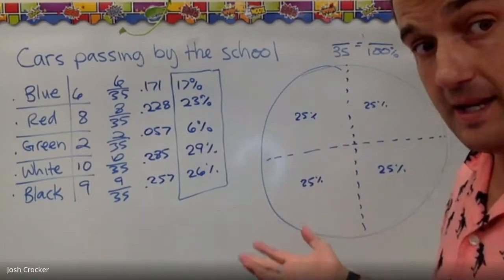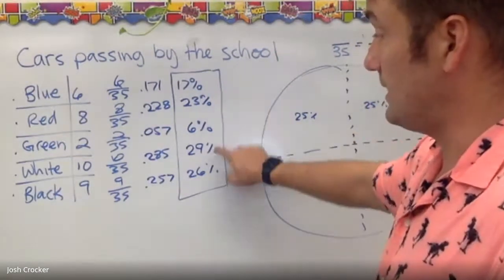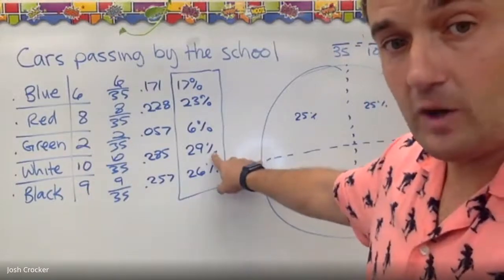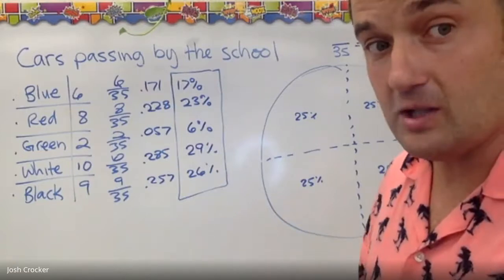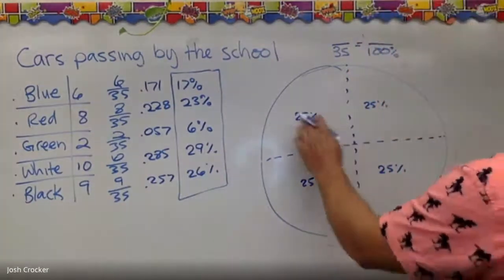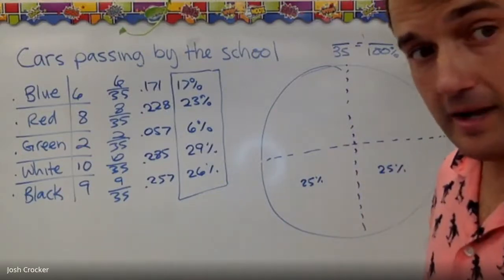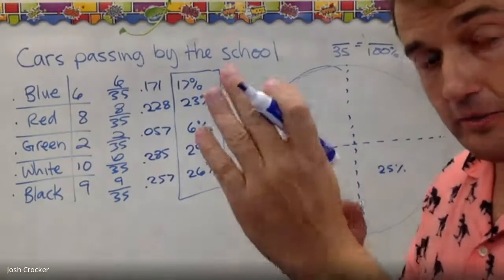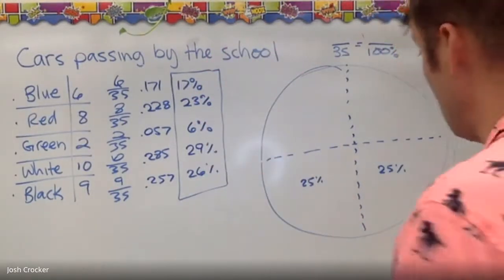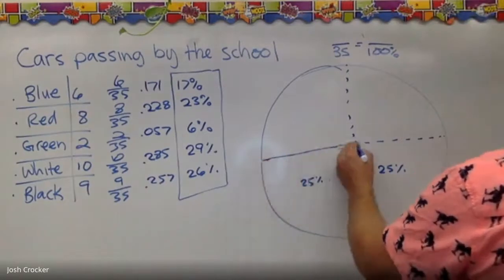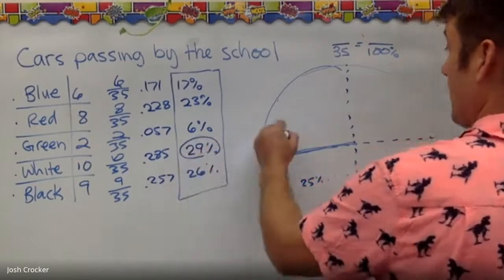So now I can use these to estimate. For example, 23 and 29, that's almost 50, right? It's 52. I'm just estimating here. I'm not going to be super critical of your pie if your slices are not exactly what I think they should be. So I'm going to make this slice be my white slice.